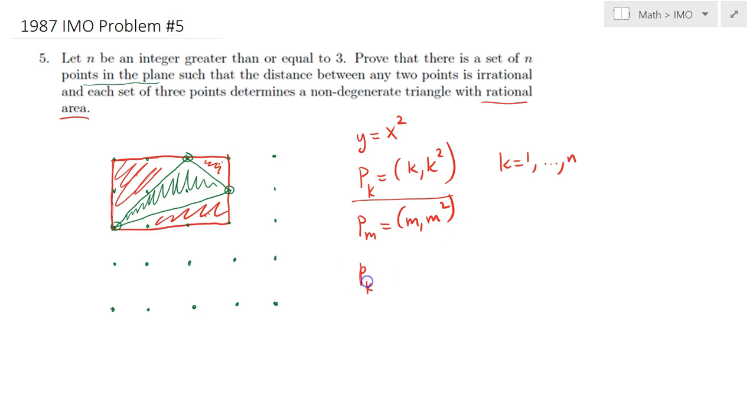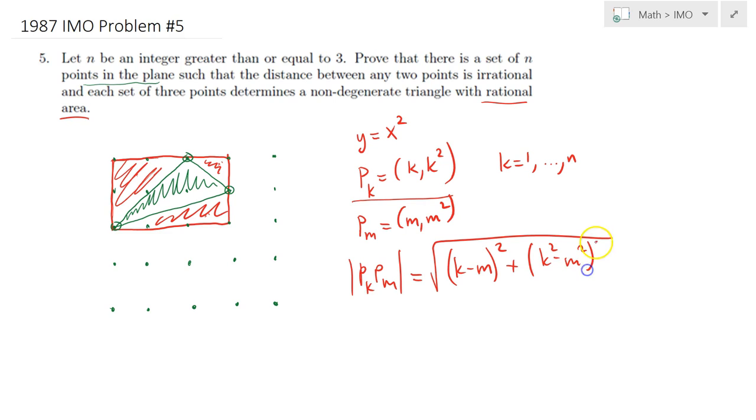Then the distance between Pk and Pm is equal to the square root of the difference between the x coordinates squared plus the difference between the y coordinates squared, and this is simply equal to the square root of (k minus m) squared plus (k squared minus m squared) squared. (k minus m) squared is common in both expressions, so I can take that out, and when I factor it out, it comes out as an absolute value, and what remains inside the square root is 1 plus (k plus m) squared.